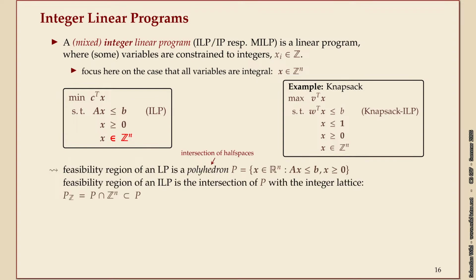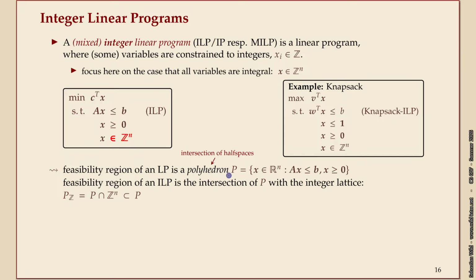Something we haven't talked about at length before is the general geometry of linear programs. I wanted to at least drop this vocabulary here. A polyhedron, Polyeder, the German word, is the feasibility region of an LP.